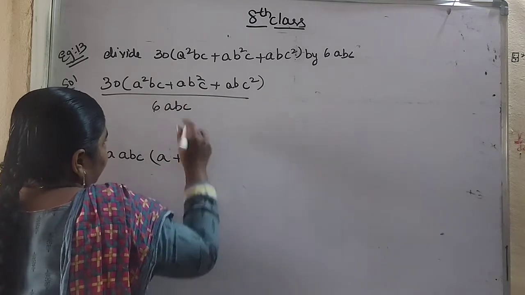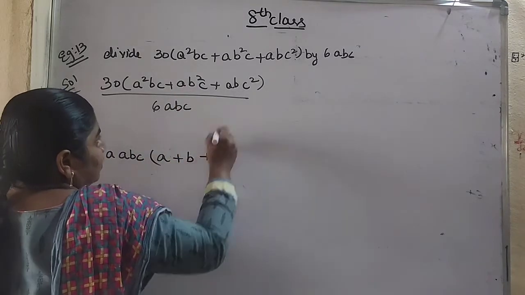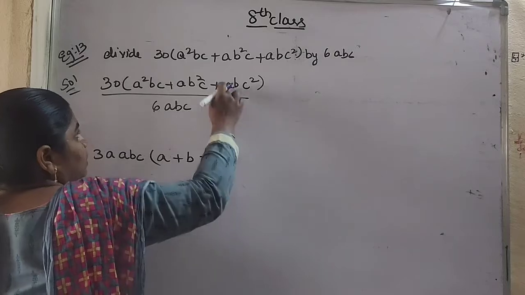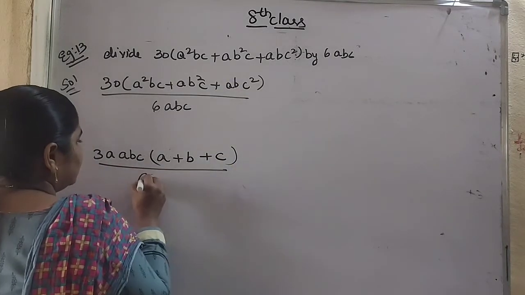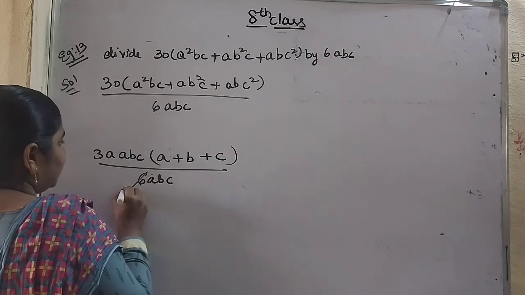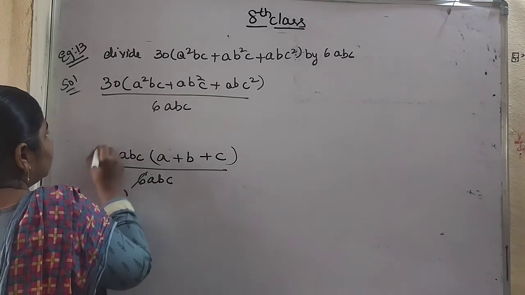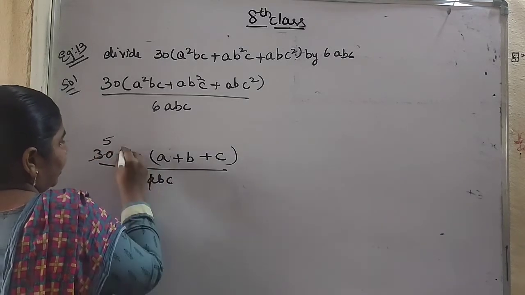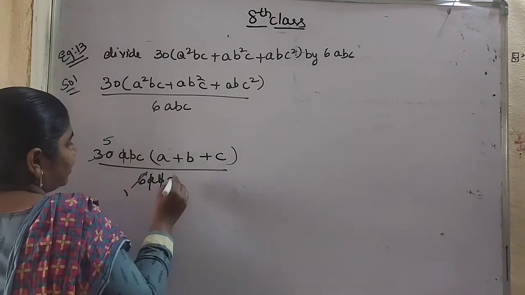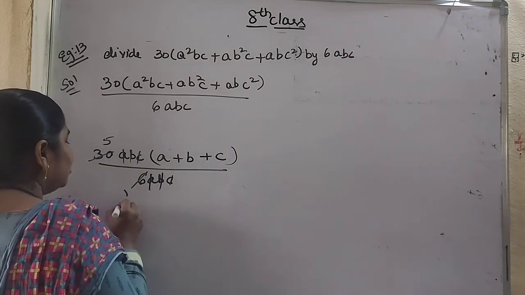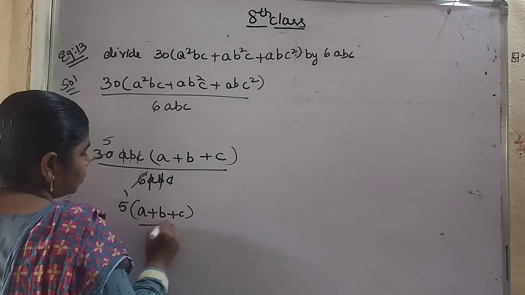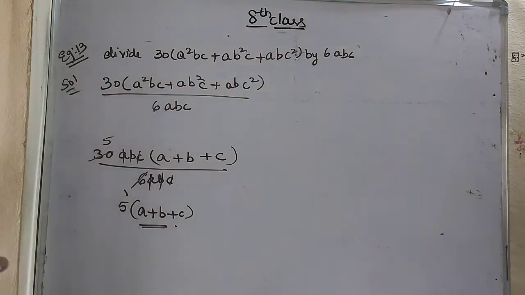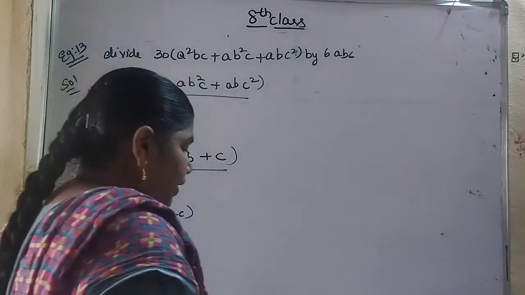Here b will be remaining because ac we took as common. Here c will be remaining because ab we took as common. By 6abc. 6 ones, 6 fives is 30. a will get cancelled, b will get cancelled, c will get cancelled. So the answer is 5 into a plus b plus c. So this is the final answer for example number 13.